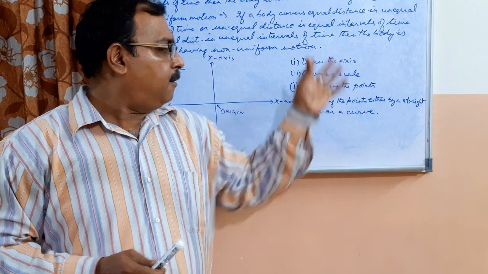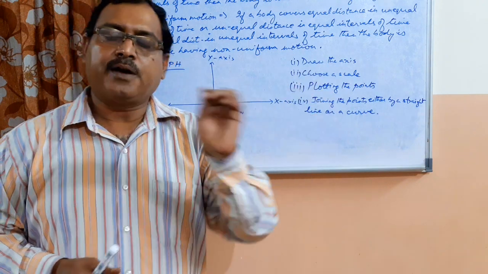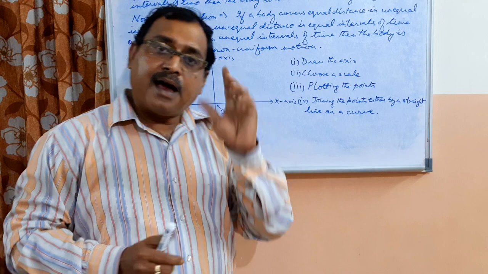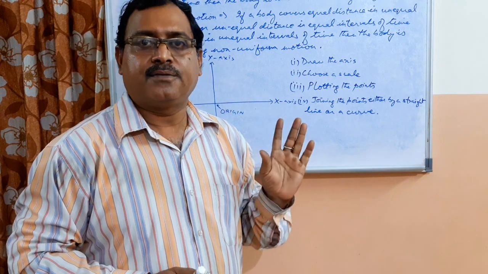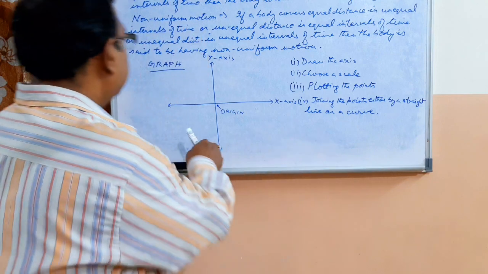So these are the 4 points required for drawing a graph. Now we will study distance time graph. Clear? Let us see quickly.